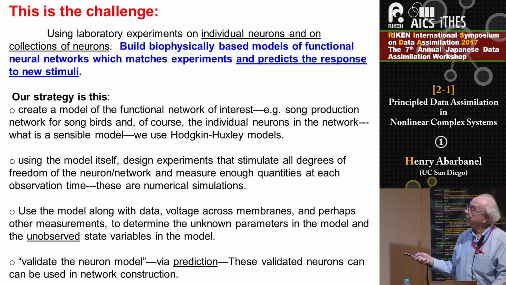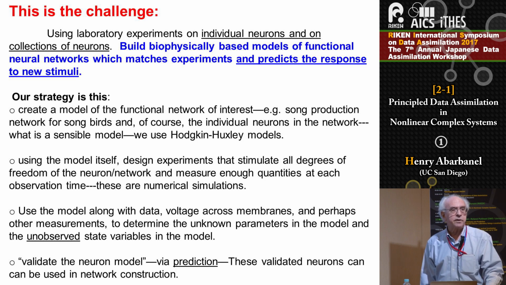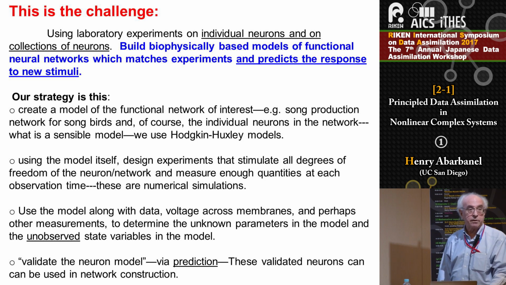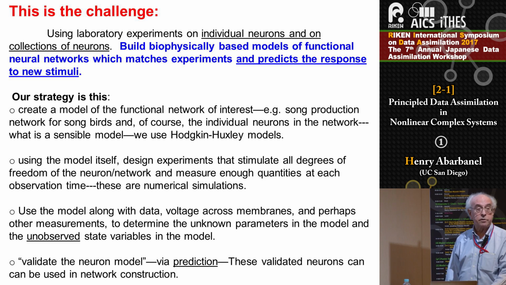So we have to create a model of the functional network of interest. That means you have to know something about the underlying biophysics, but you don't have to know very much. You're going to determine it. Secondly, use the model itself to design these experiments using twin experiments, or I can't remember how you pronounce OSSE, Aussies or something like that. But that sounds like you're doing it near New Zealand.